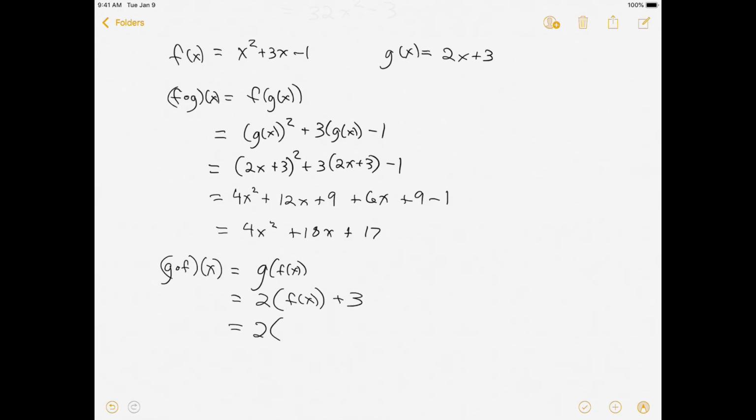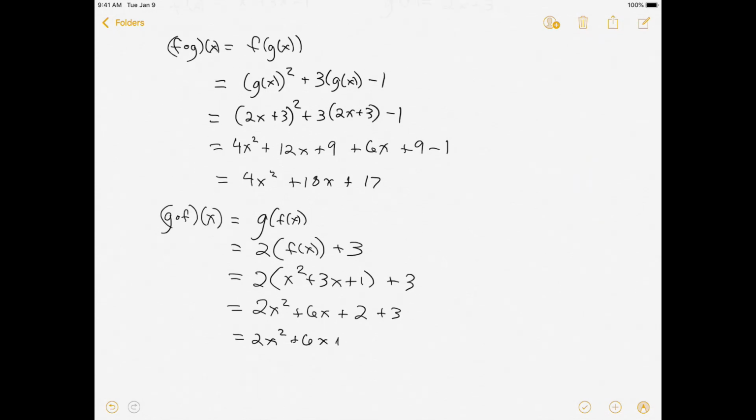So 2 times x squared plus 3x minus 1, plus 3. Distribute the 2. 2x squared plus 6x minus 2, plus 3. Oops, running out of room. We get that. 2x squared plus 6x plus 1.